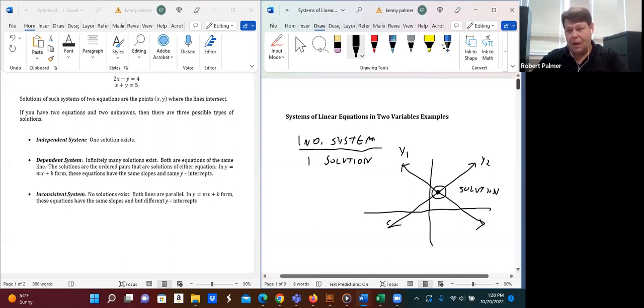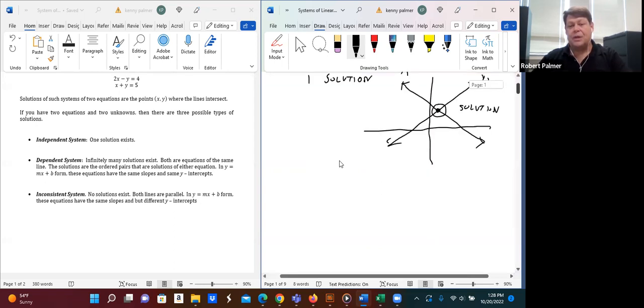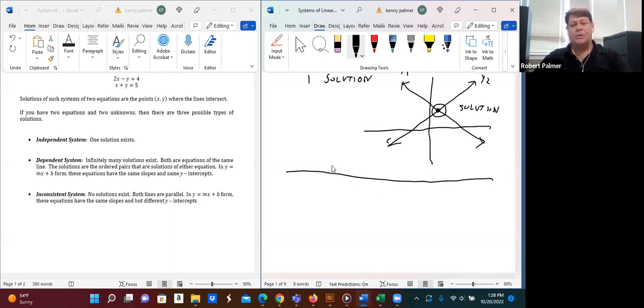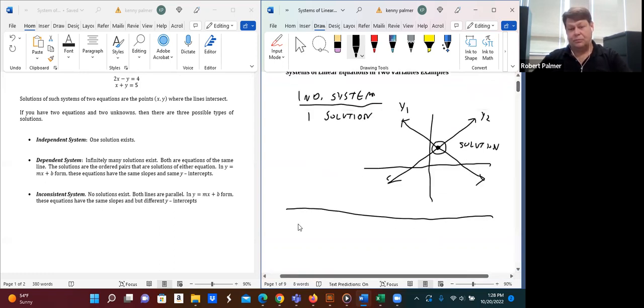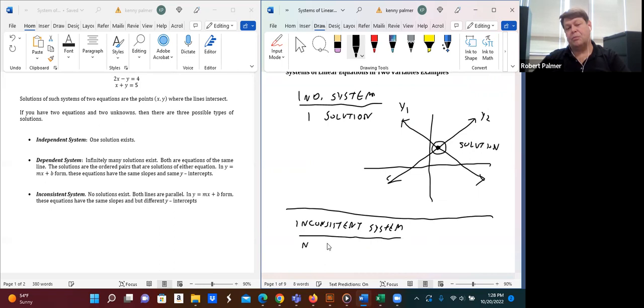Now, another example of what else can happen, I'm going to do a different order. You can also have no solution. That's what's called an inconsistent system. And that means there is no solution to the system.